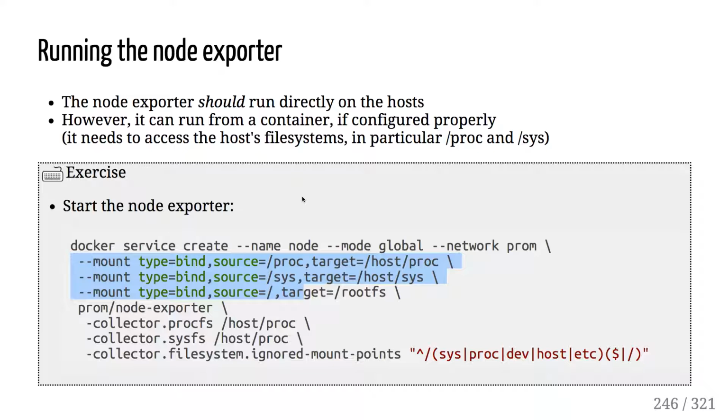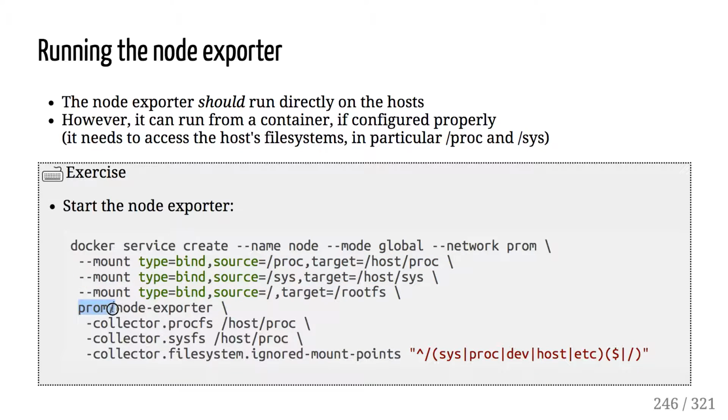Like when the node exporter shows all this information, it's basically reading stuff from /proc and /sys. So I'm binding proc and sys so that I can get access to generic metrics, and I'm binding / so that I can get access to file system metrics, like basically DF.